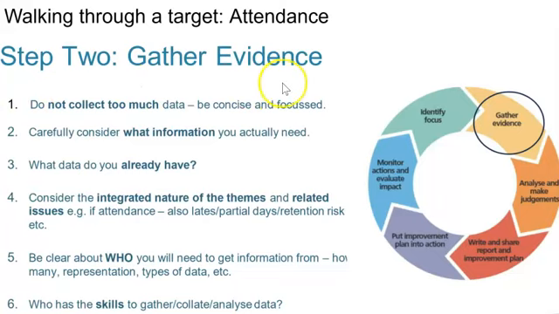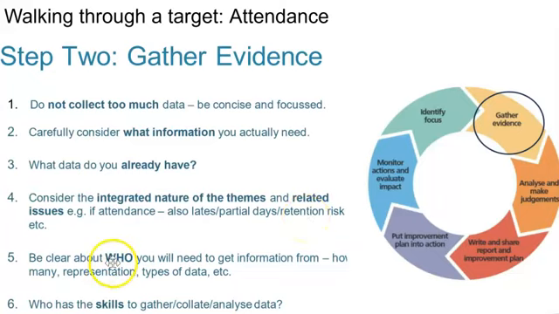Step 2, gather evidence. Do not collect too much data. Be concise and focused. Carefully consider what information you actually need. What data do you already have? Consider the integrated nature of the themes and related issues. For example, with attendance, lates, partial days, retention risk, they are all interconnected.